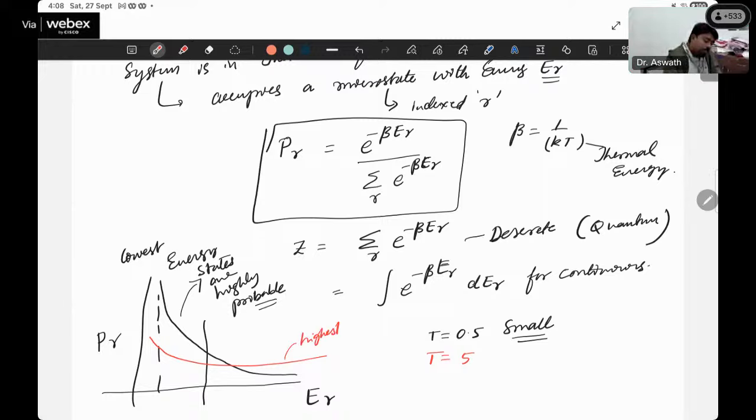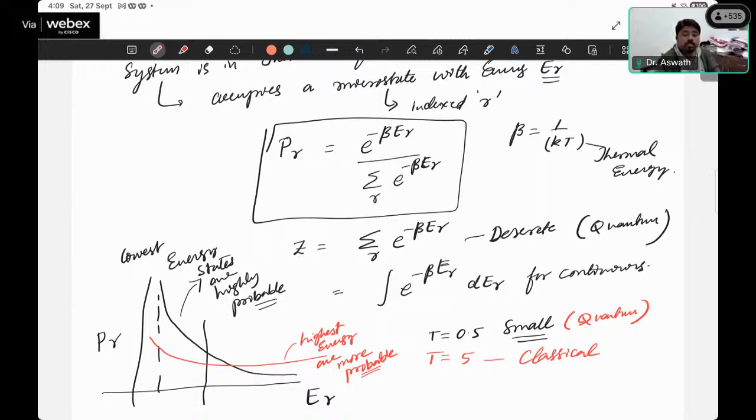Highest energy states or large energy states are more probable. So what happens at this point? The system becomes classical. Whereas in the low temperature case, lowest energy states are probable. Fine. So this is what the Gibbs principle says.